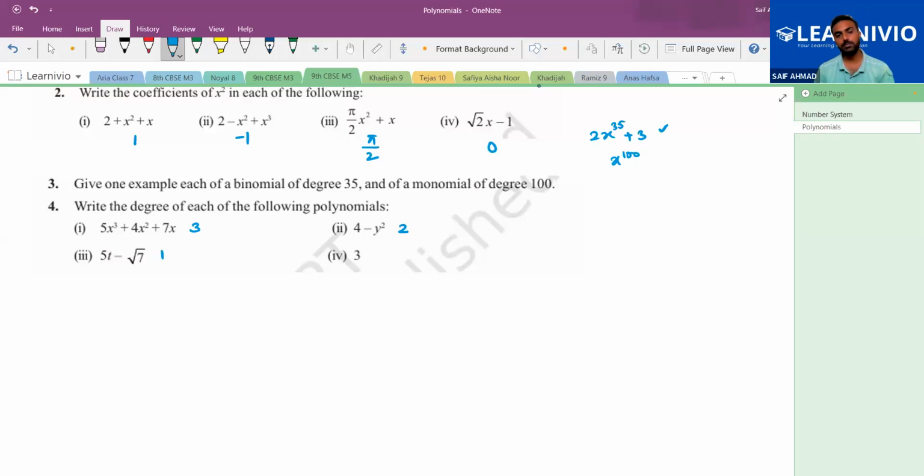Nokia, fourth one? 0. Why 0? Because the variable is not there. Actually, we write 3 as 3 into 1, and we write 1 as x to the power 0. Here you can see the degree is 0. Understood?